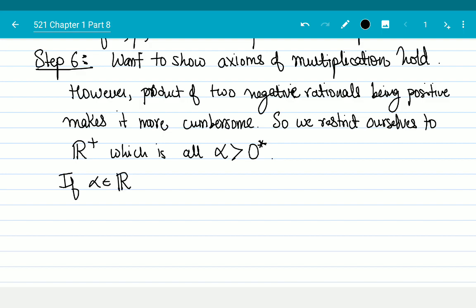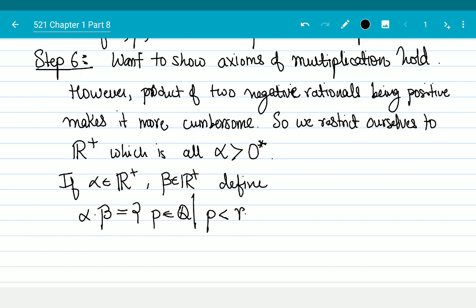If alpha belongs to R plus and beta belongs to R plus, then define alpha times beta to be the set of all p belonging to Q such that p is smaller than or equal to rs for some r belonging to alpha, s belonging to beta, and, very important, r greater than 0, s greater than 0.